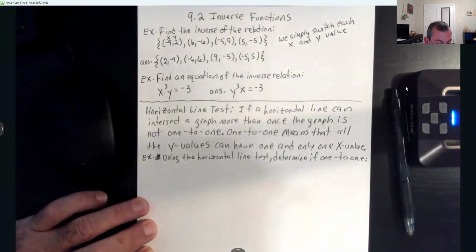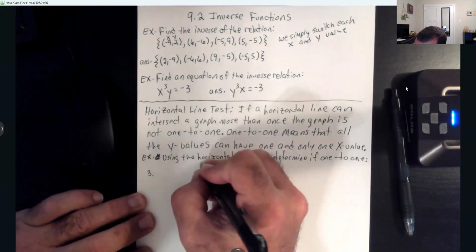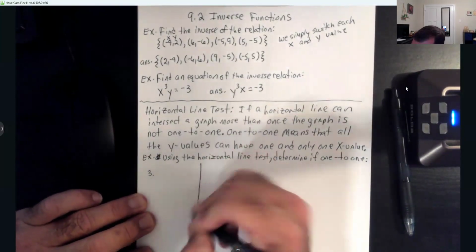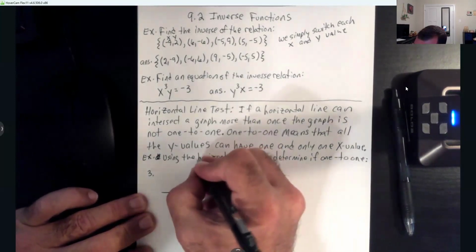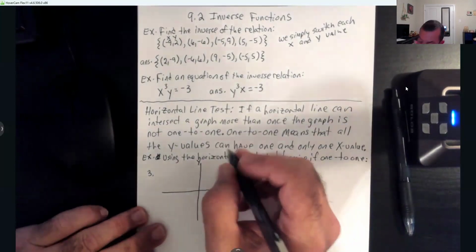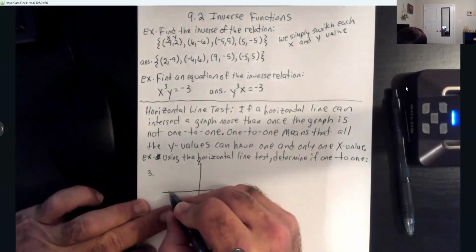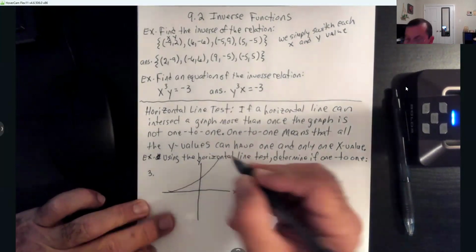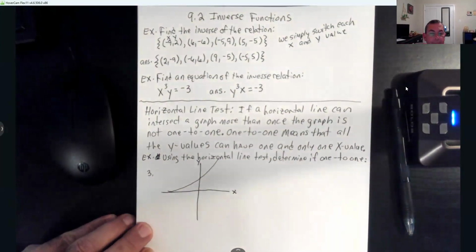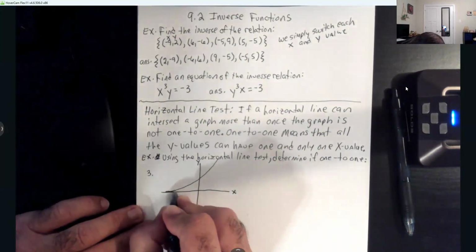Hey, also, let me just draw some pictures here. So for number 3, here we go. Got my X and Y axis. And this graph sort of curves upwards to the right. Now this should be more flat right in here.